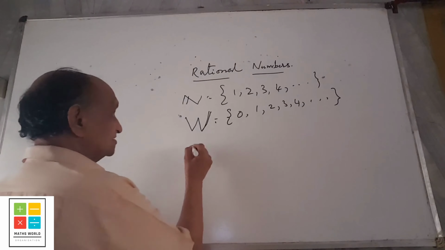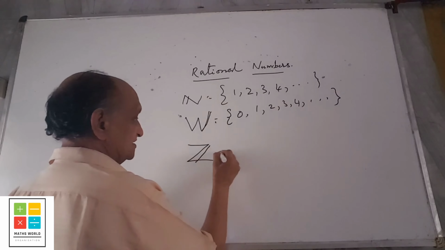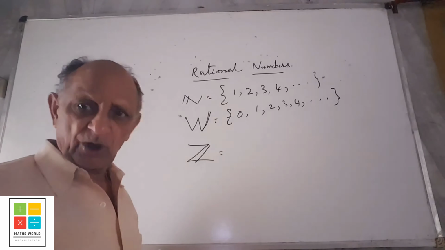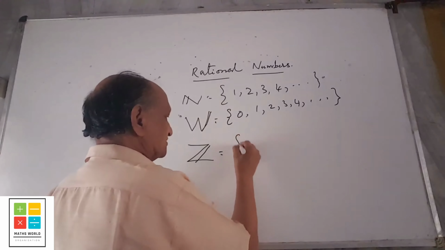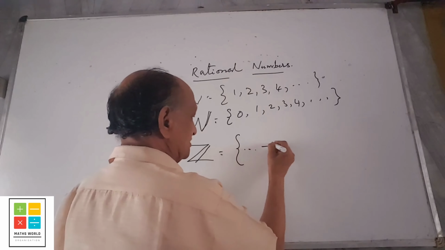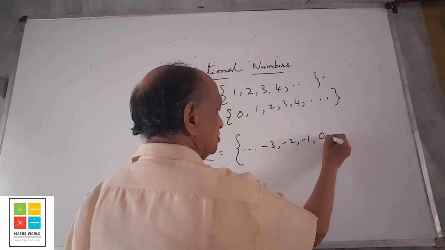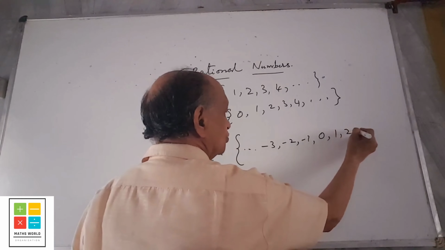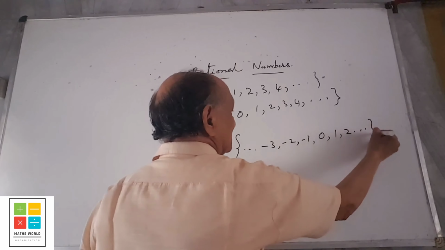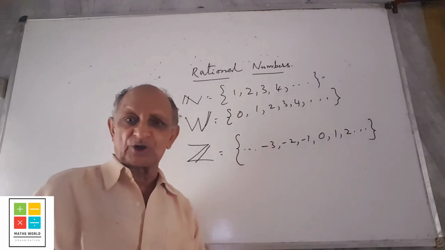And Z is the set of integers. This can be -3, -2, -1, 0, 1, 2, like this. So it includes negative numbers also.